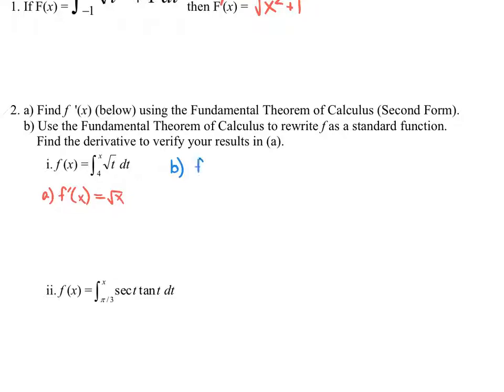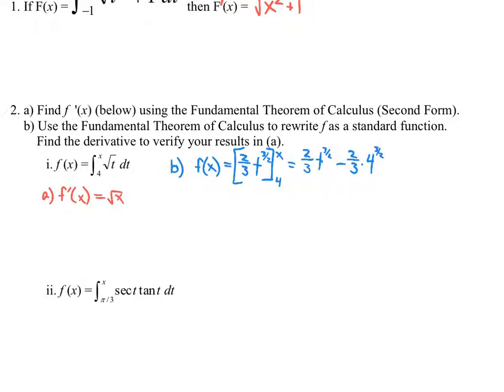So f of x is the integral. What's the integral of square root of t dt? It's 2/3 t to the 3/2. You add 1 to the exponent and divide by the new exponent. A little rusty on these? It'll come back. We're going to evaluate that from 4 to x. So we have 2/3 t to the 3/2 minus 2/3 times 4 to the 3/2.